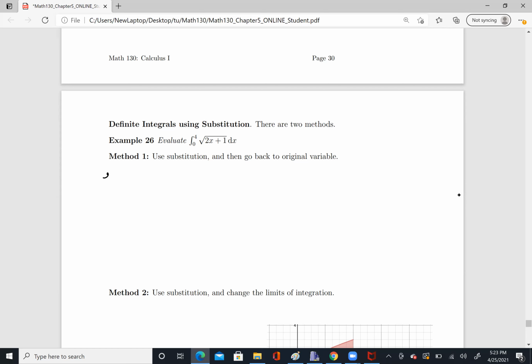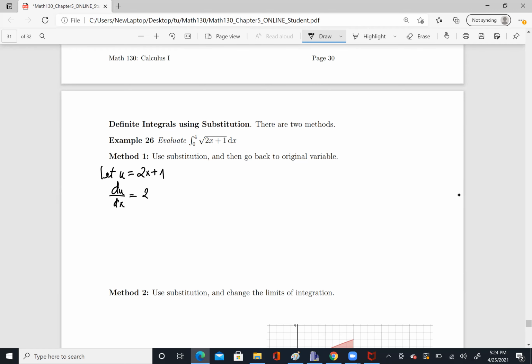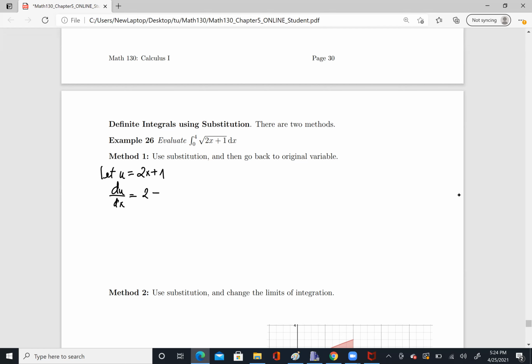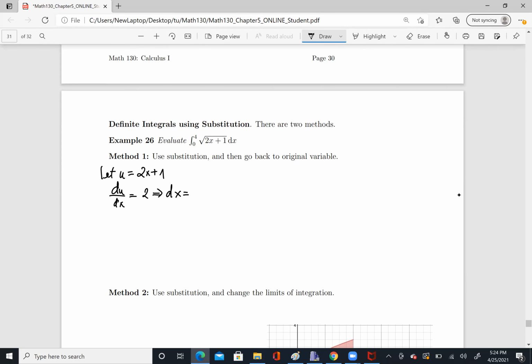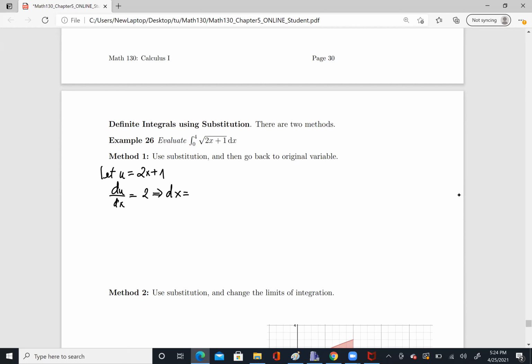I will let u equal 2x plus 1. Then du dx will be 2, so I can have dx equal to du over 2.